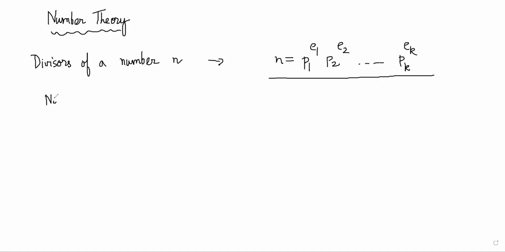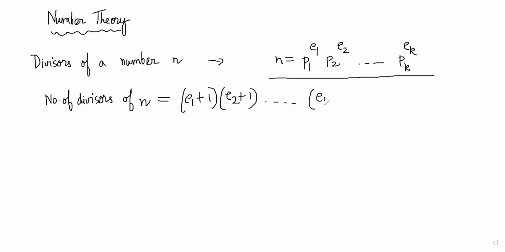Then the number of divisors of n is simple. It's a simple argument. It will be e1 plus 1 multiplied by e2 plus 1 and so on till ek plus 1. This will give us the total number of divisors of this. It's a combinatorial argument. Whenever you construct a divisor, you have to put some power for all of these prime factors.